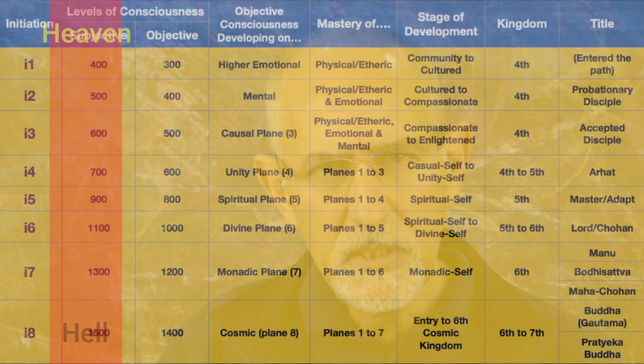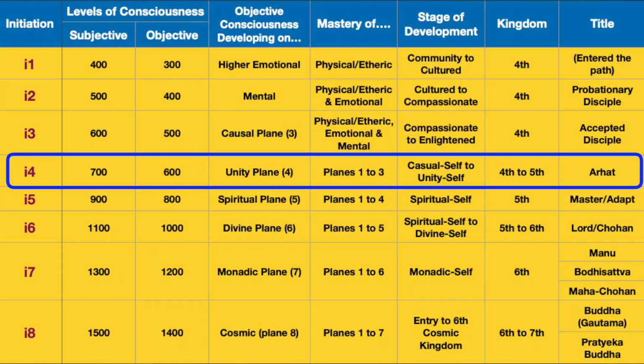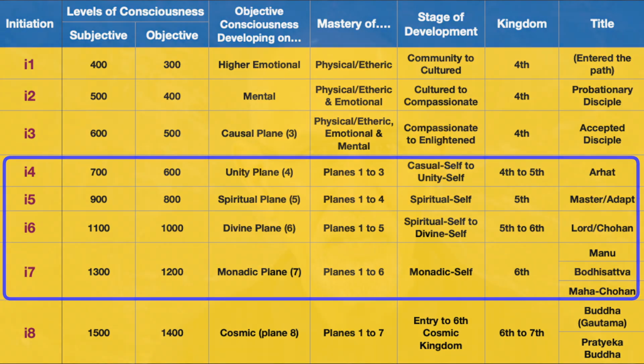The cross can now also be represented as a vertical line. This is the true crucifixion, and the vertical line reaches from heaven to hell. The future task of the disciple, from the 4th to the 7th initiation, is to resolve the line into a circle and complete its evolution through the cosmic physical kingdom.